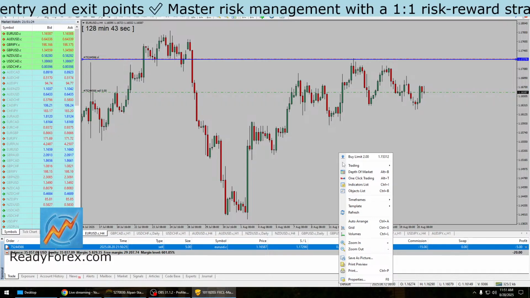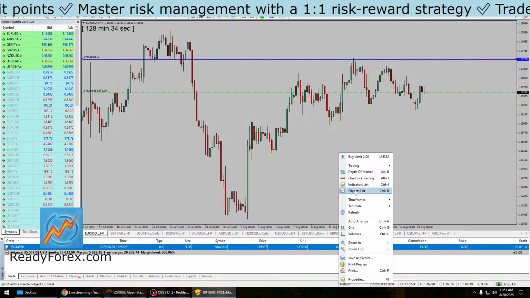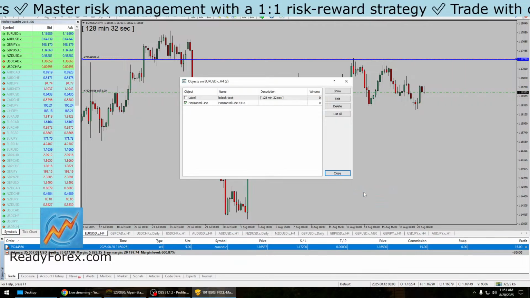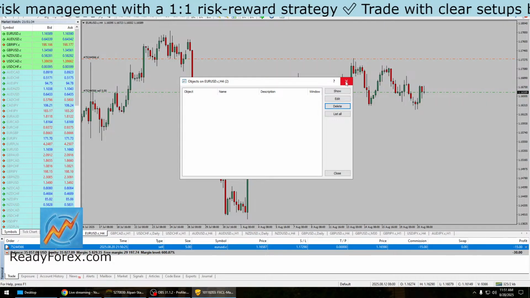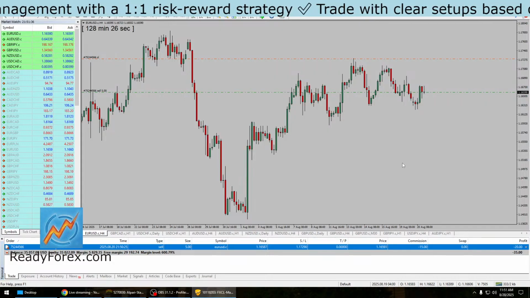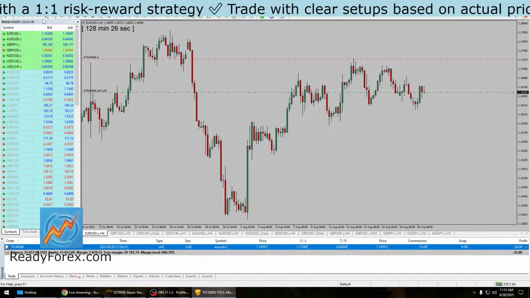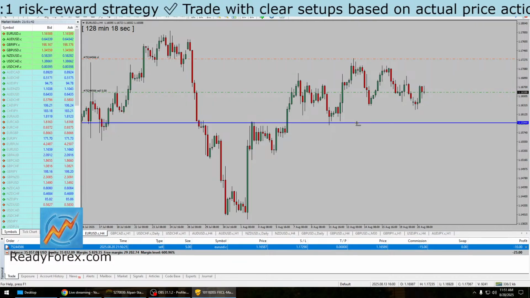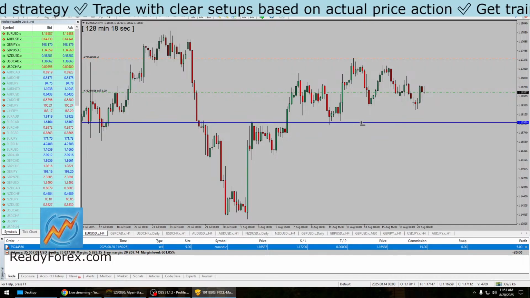Okay, stop loss placed, and I'm also going to discuss the potential target. So the target is probably going to be somewhere down over here, but let's use this one.